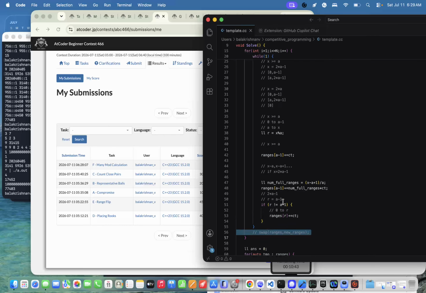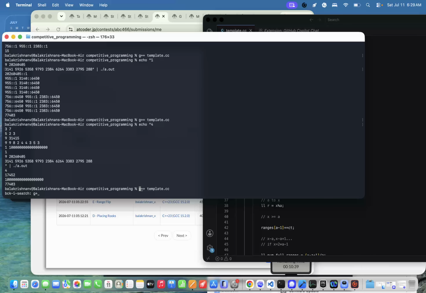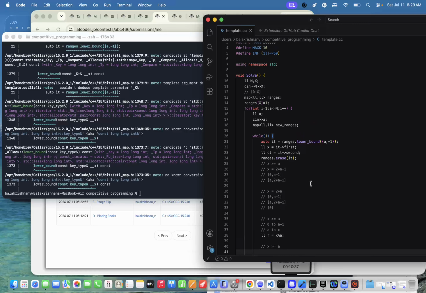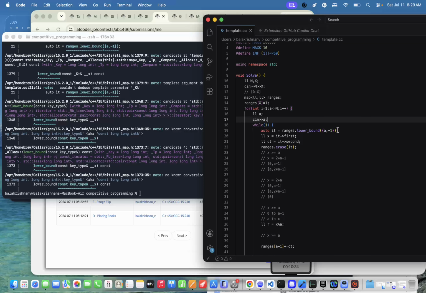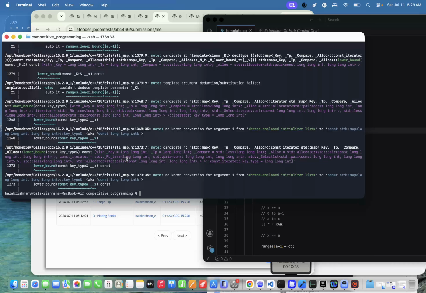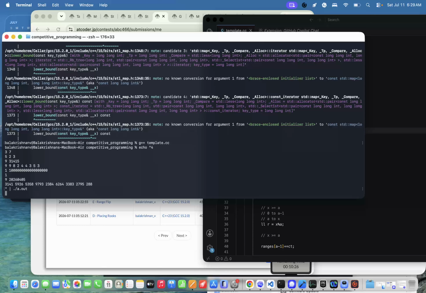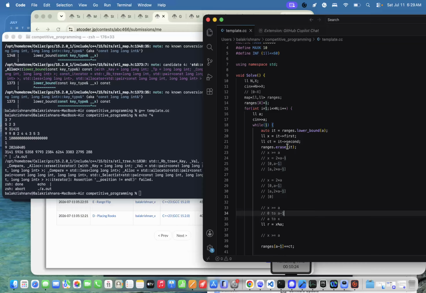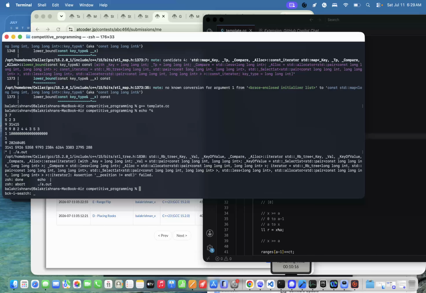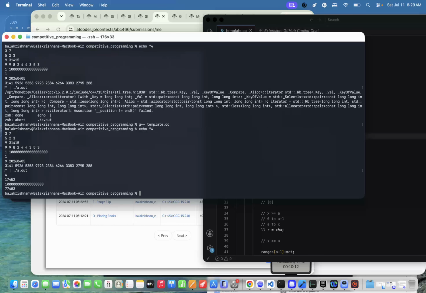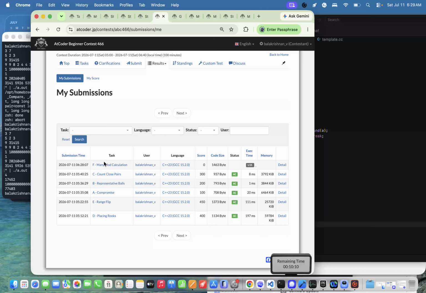Don't need this. Lower bound of A. While if IT ranges dot m break. Yeah, maybe that will work.